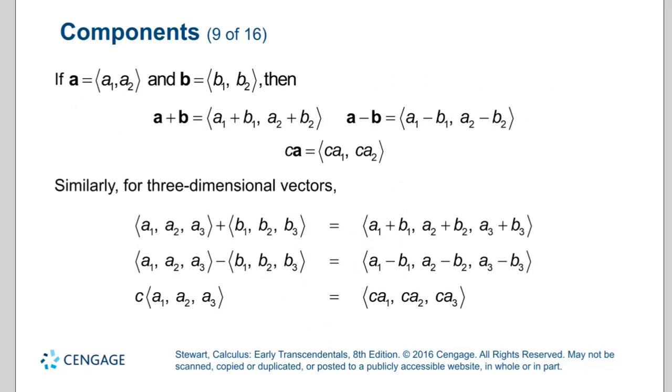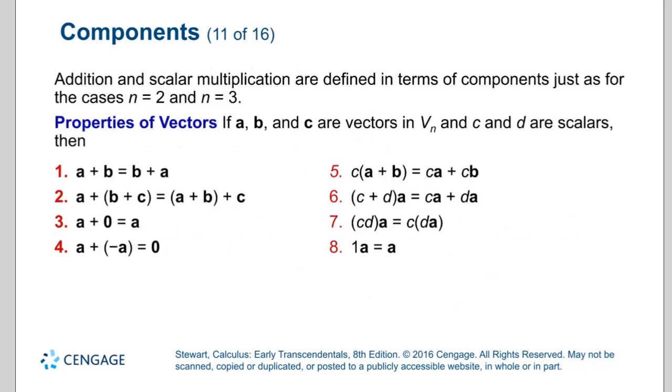So I can do addition. A plus b is just adding the 2 pieces together. I can do subtraction, that's just subtracting them. And I can do multiplication, that's just multiplying every term by a single value. If we look here, the properties of vectors are very similar to ones we've seen before when doing addition, subtraction, and multiplication.